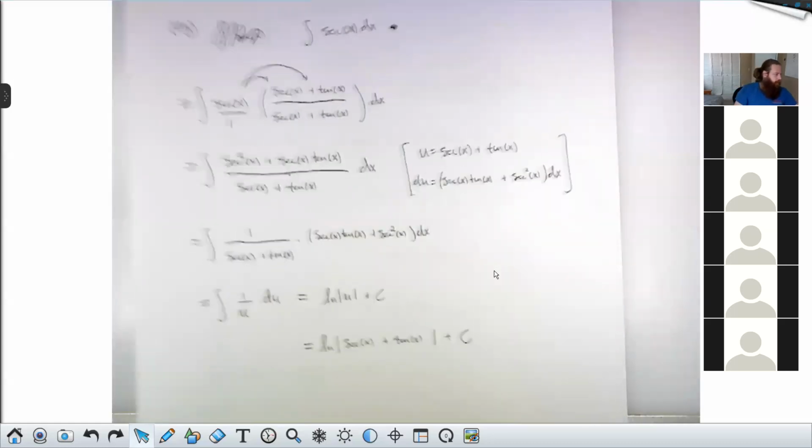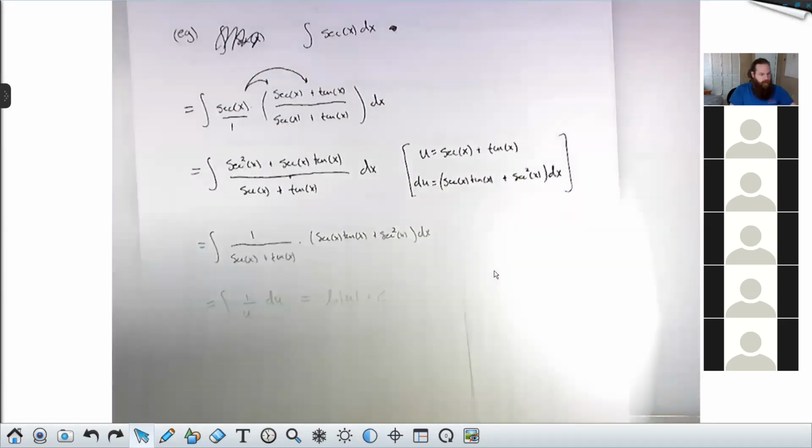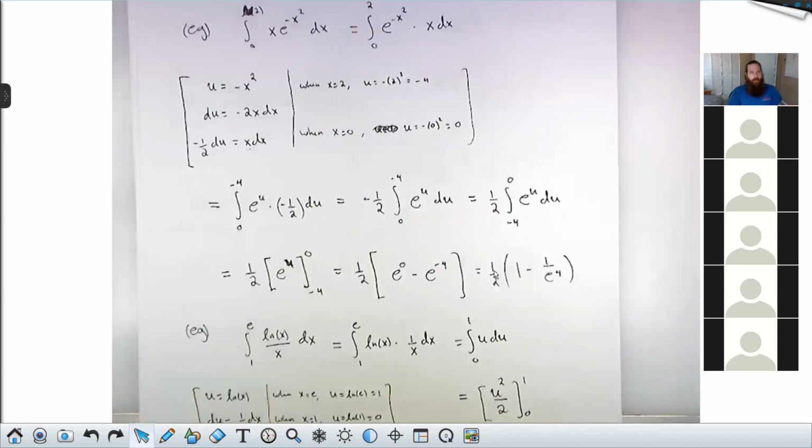It's a worthwhile comment. A question about the level of difficulty you could expect on a test. These guys, these would be good test level questions for Calc 1. So something like either of these could show up on the final or in exam 3. That would be fair.